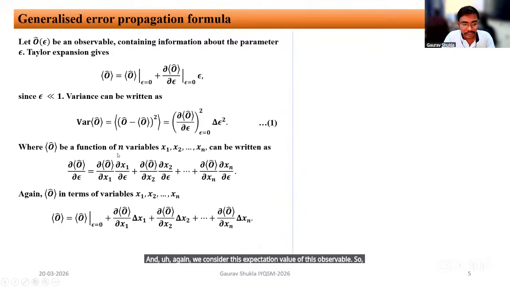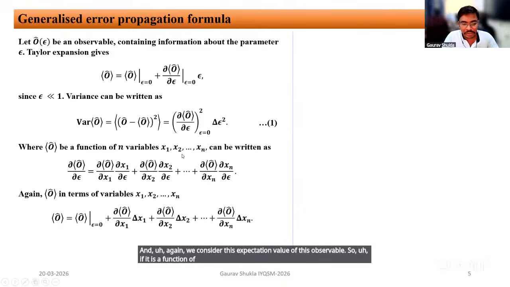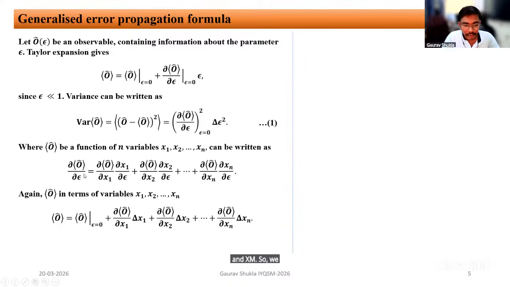If it is a function of n variables, suppose x1, x2, and xn, we can write it like this with partial derivatives with respect to x1, x2, and xn. And again, in terms of these variables x1 and x2, we can expand this observable in this form.